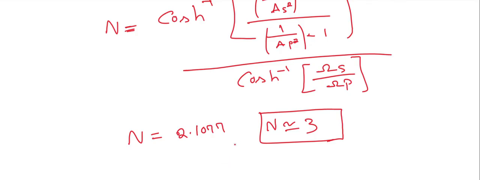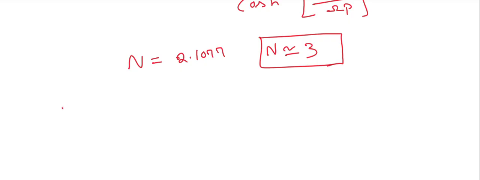Once N is known, our rule is the determination of poles. First determine the Butterworth poles.